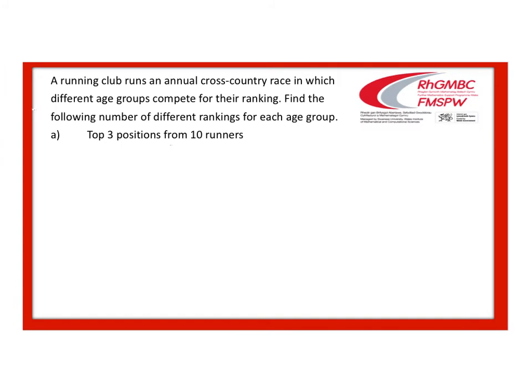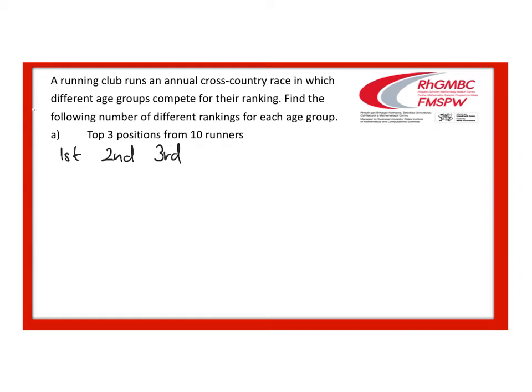Okay, so we've got a running club and we're looking at its annual cross-country race in which the different age groups are going to compete for a ranking. So we want to find the following number of different rankings for each age group. If we are looking at first, second and third, we want to see how many different ways from the 10 different runners, first, second and third could occur. There are 3 positions: first, second and third.